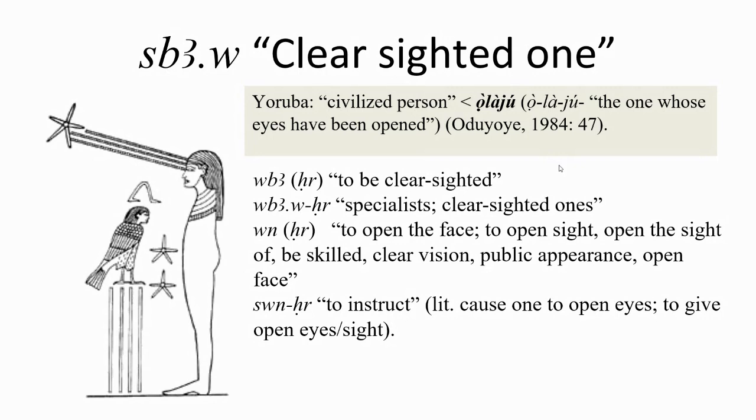I first cite here from the Yoruba language that a civilized person, one who's initiated, is one they call Olaju, the one whose eyes have been opened.